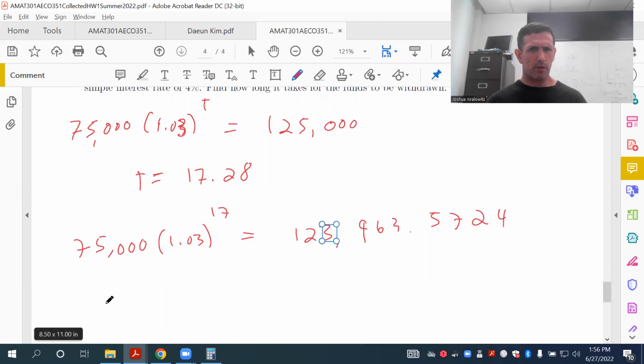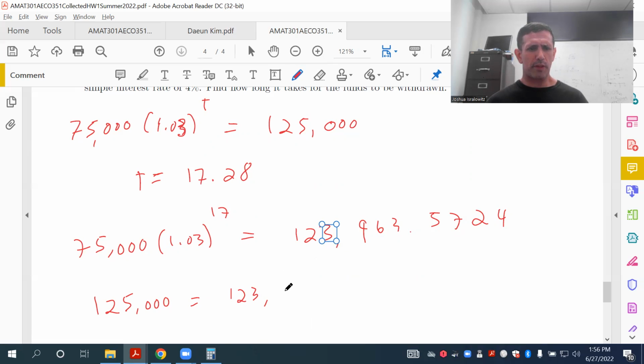So, right, 125. Let's figure out the fraction of years that money sits in the account after 17 years. For fractions of years, the problem says it earns simple interest.